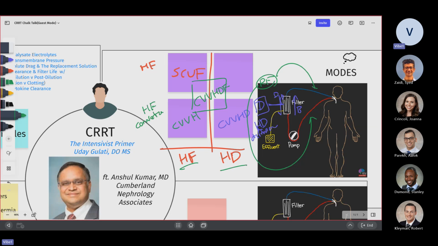You're using the mechanisms of hemofiltration, convection, and diffusion. Now, the fourth one that we talked about, absorption, is used in all four of them. So with the methods, does that all make sense?